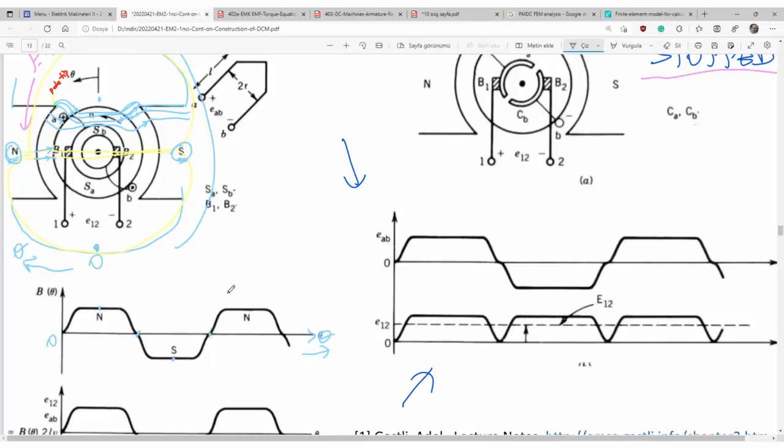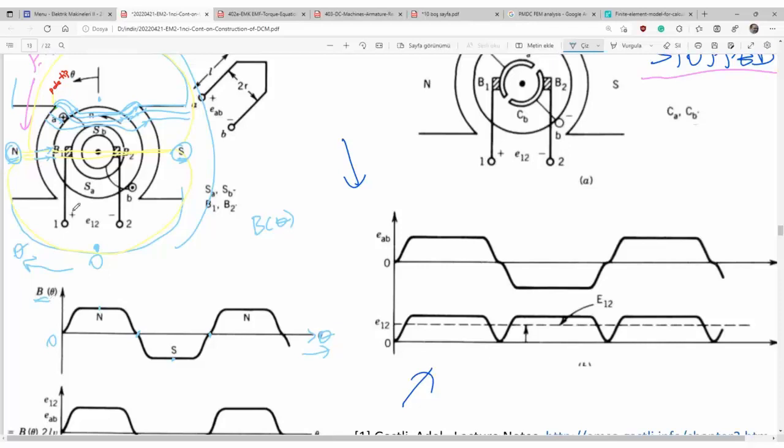As you see, it is cyclic. And then, what is the function of B while you are strolling around the stator periphery? You start here and walk around, and then you face such a B distribution.